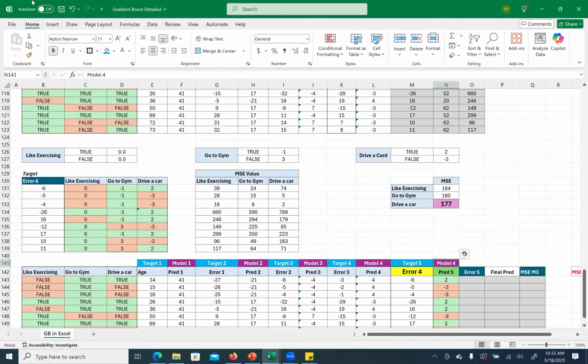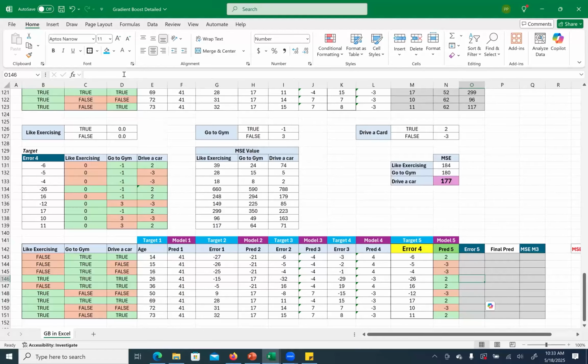This is target 5, model number 5. My error 5 is going to be nothing but actual value minus the predicted value.